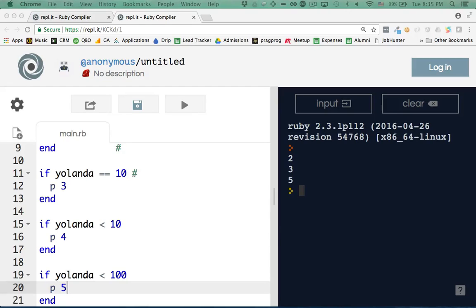Okay. We have an exercise. And this is a prediction exercise. So please do not run the code.